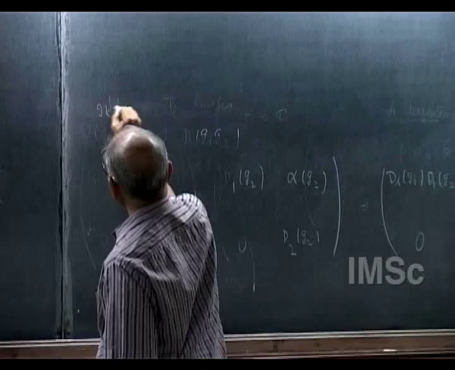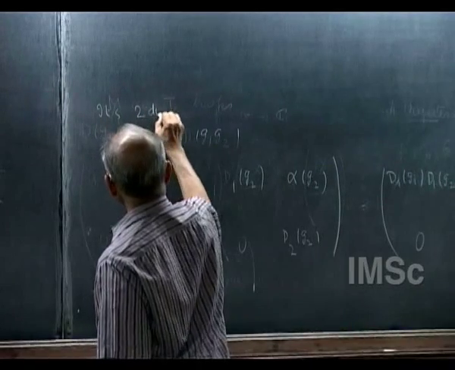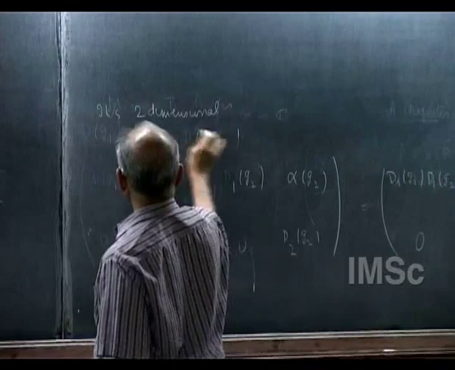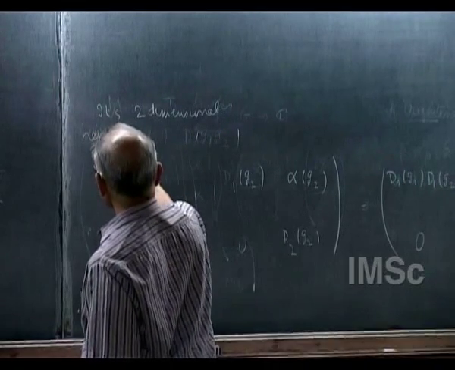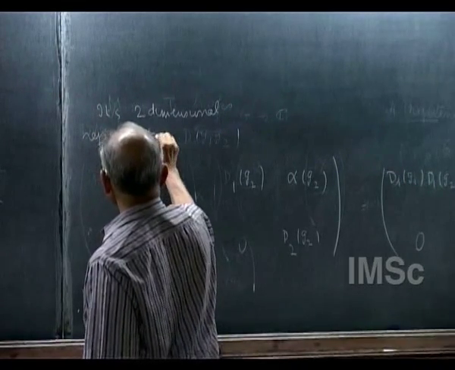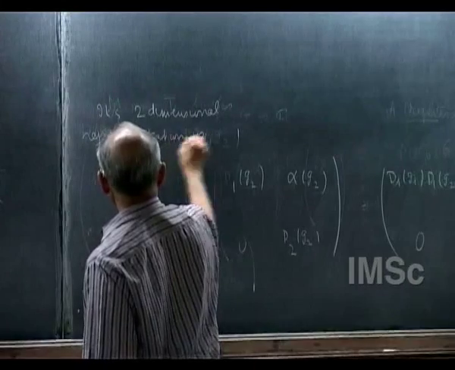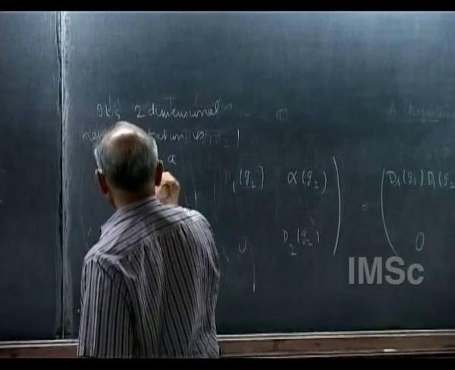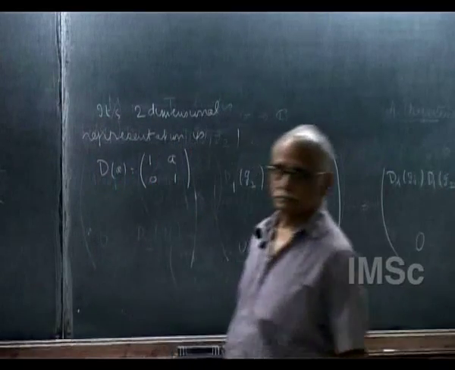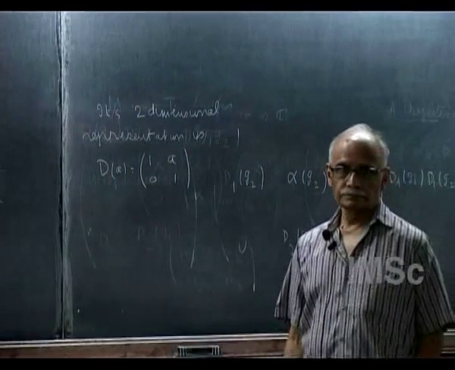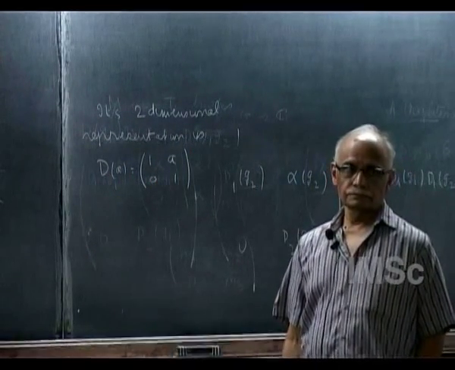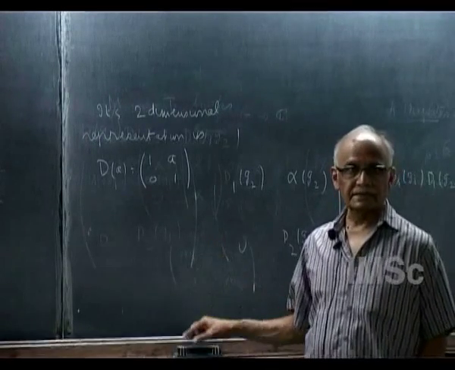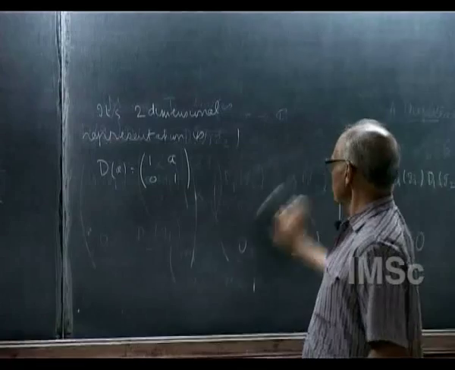Its two-dimensional representation, let me call it D(a), is (1 a; 0 1), which is upper triangular. We saw this thing earlier, right?